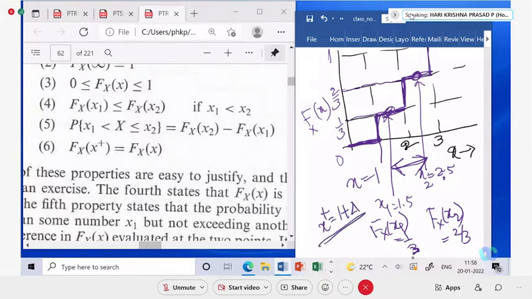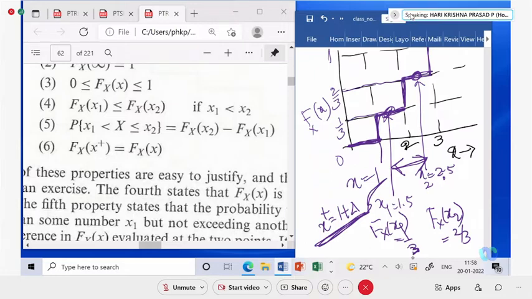Delta is so small that 1 plus delta doesn't include any possible outcome of the experiment. Suppose the possible outcome of the experiment is mapped to 1.1, my delta should be less than 0.1. That is the idea of the sixth property.